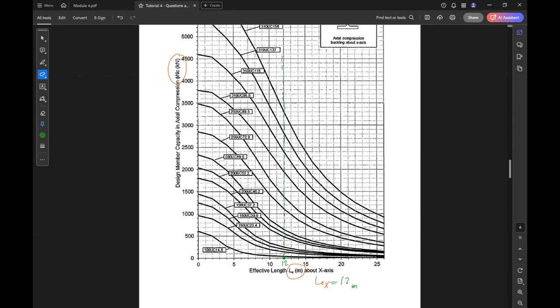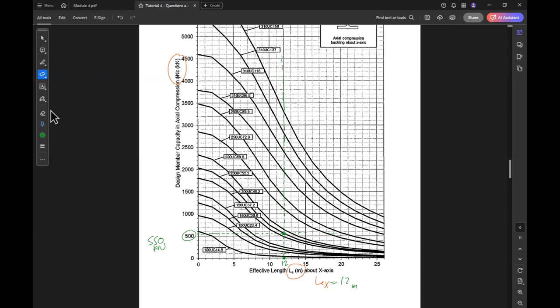How much is the capacity? The capacity required is 550 kilonewton. So for 550 kilonewton, each one of them is 600, 700, 800, 900, so it's somewhere here. If we go here like that, both lines intersect here.